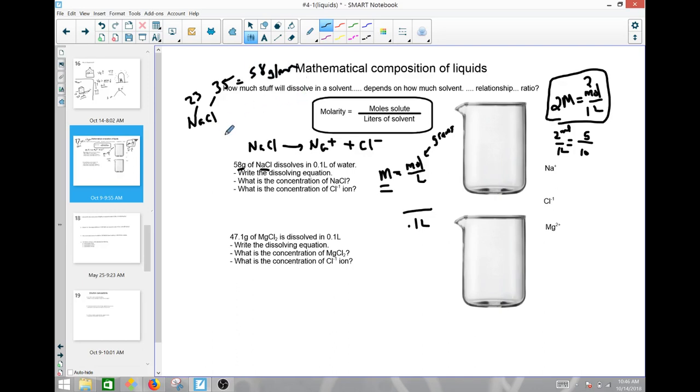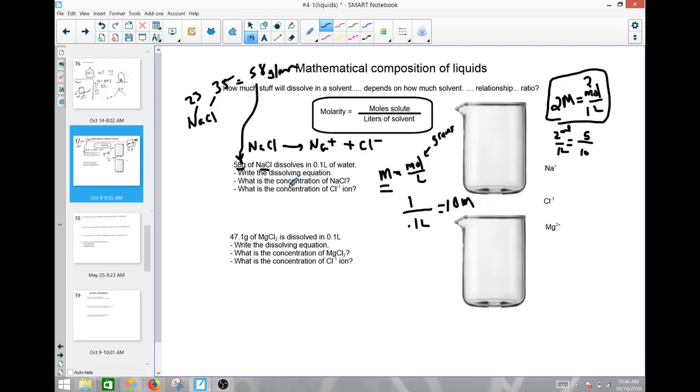Now I'm estimating there. Okay, so that means I have 1 mole. That's how much 1 mole weighs. So that number sets up nicely. So I have 1 mole in 0.1 liters. If I proportionalize that to 1 liter of volume, I'd have 10 moles. So my answer is going to be 10 moles per 1 liter.